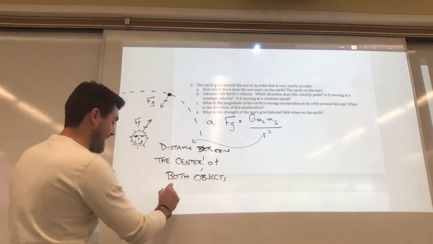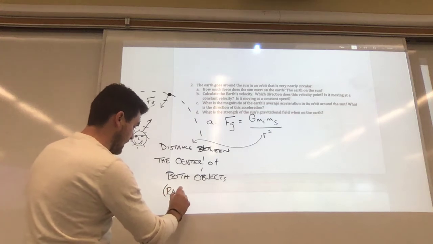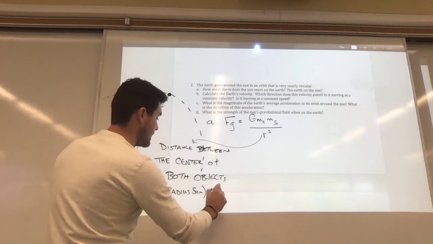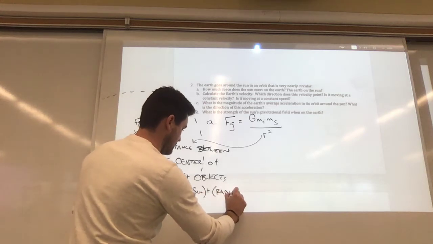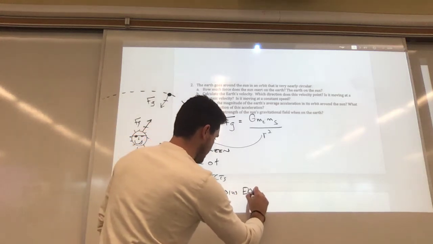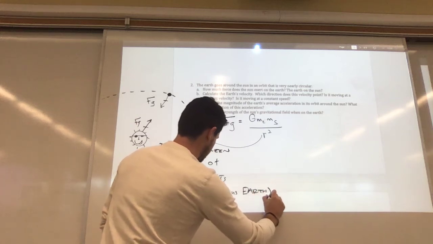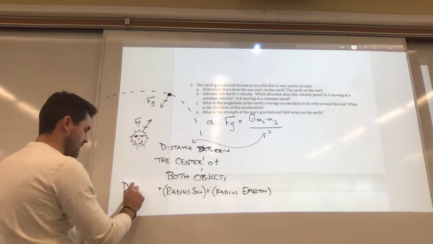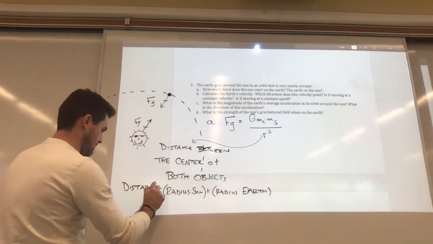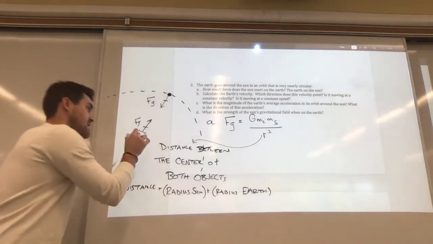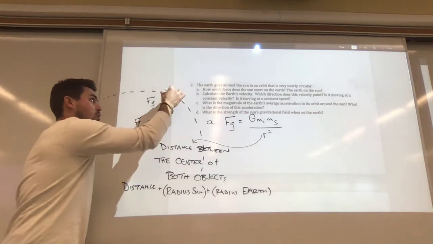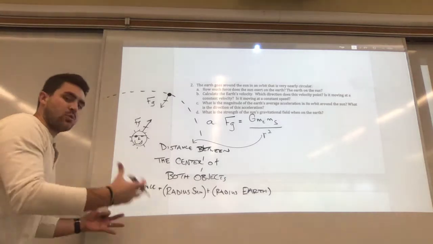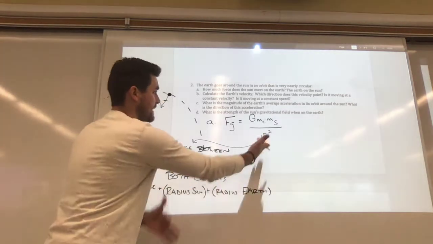So in this case, that's the radius of the sun plus the radius of the Earth plus the distance between them. It's all three values. It's from the middle, from the nose of our sun all the way to the middle of our planet. That's what the radius is. So that's why I need to have all three added together into my radius.